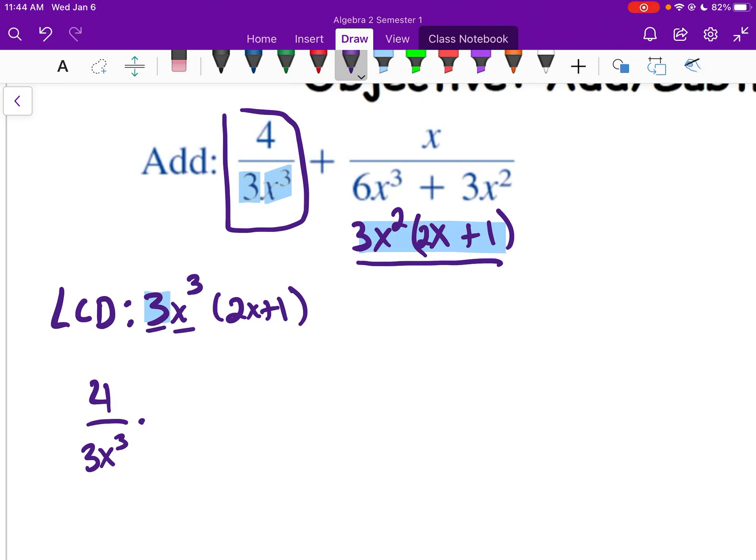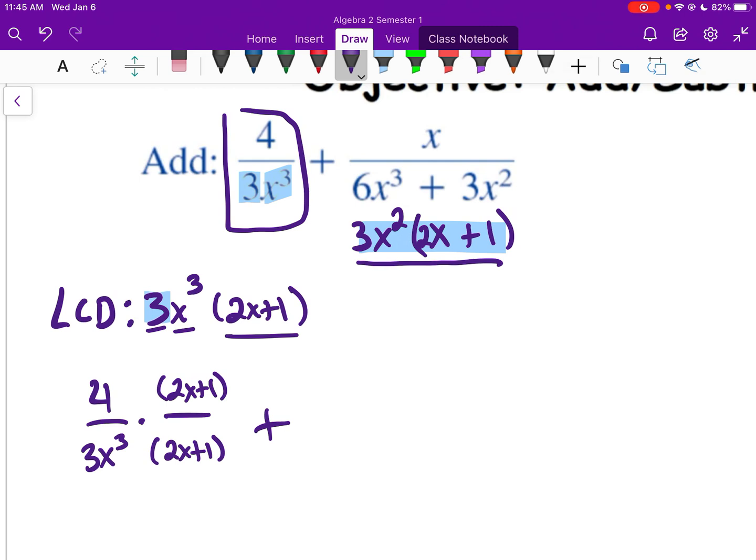It has the 3 and the x cubed, I'm missing that 2x plus 1. So I'm going to multiply both top and bottom by whatever term I am missing. Because what I'm really doing, 2x plus 1 over 2x plus 1, that is just 1. So I'm not changing the actual value of the expression, I'm just getting it so I have that common denominator.